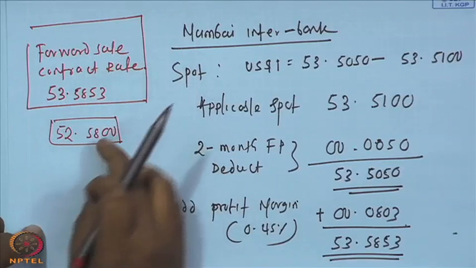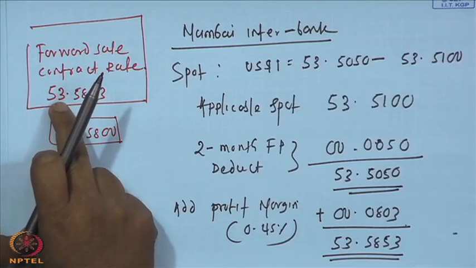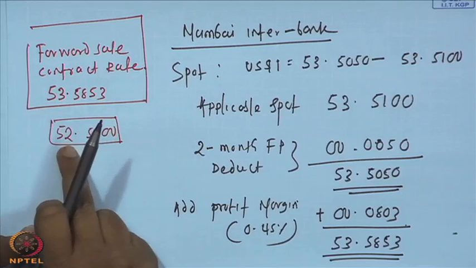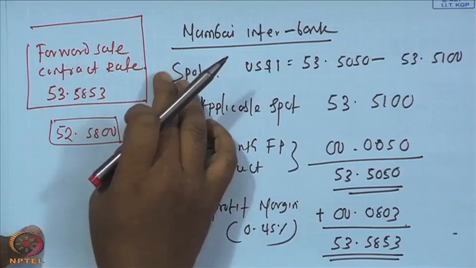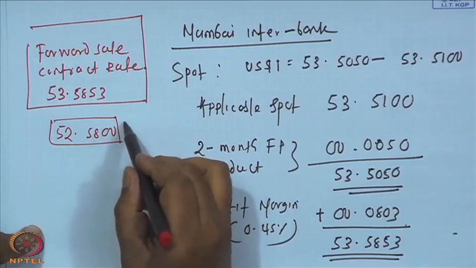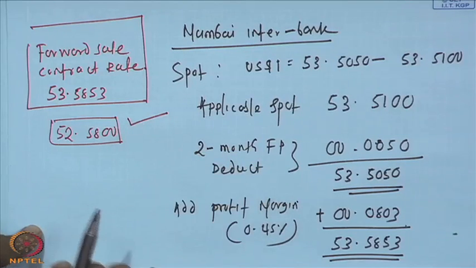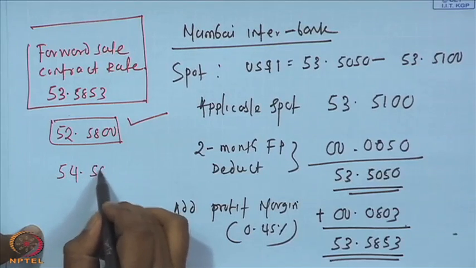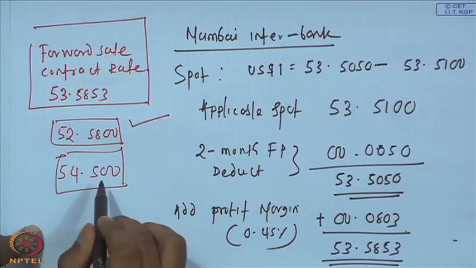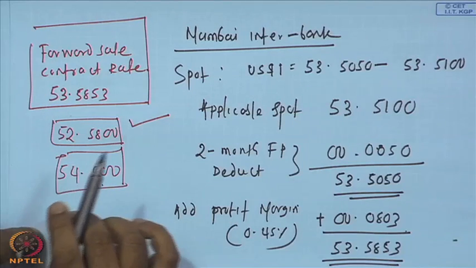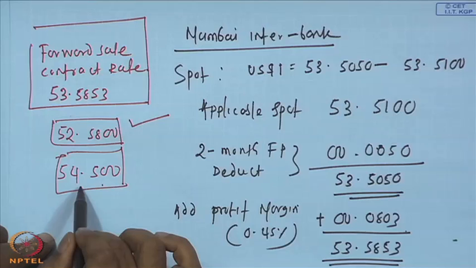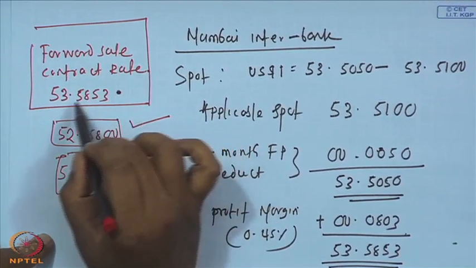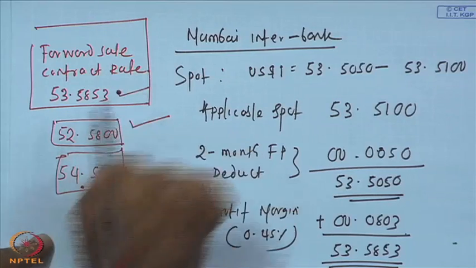If he wants to break this contract, he has to pay a fine. If the fine is sufficiently covered by the gain from 52.5800, then he will break the contract and purchase the dollar at the actual available rate in the market. Suppose the rupee becomes 54.500, then there is no need to break the contract, because the market rate is 54, but he is getting from the authorized dealer at the contracted rate of 53.5853, so he will continue with the contract.